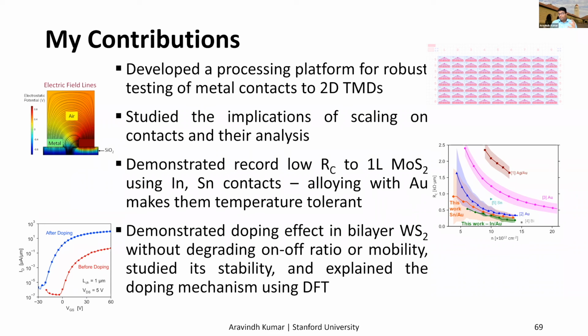There are only three ways to sink the heat from the channel: the back dielectric interface, the top encapsulation or top gate interface, and the contacts. So I think more attention has to be paid to the thermal properties of the interface here. Okay, thank you.